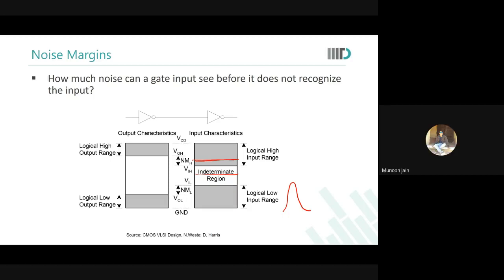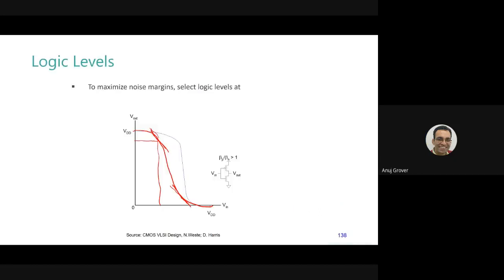Yes, sir. Now, since you made the NMOS stronger, what happened? The curve shifted to the left side. So your VIL got shifted here. It has reduced from the earlier value to this value.